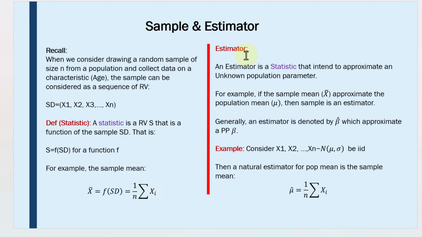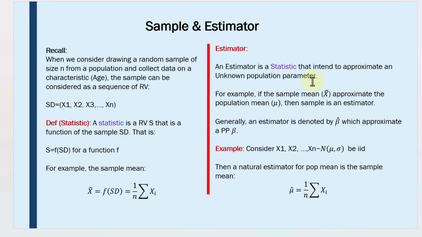In this regard, an estimator is a statistic that intends to approximate an unknown population parameter. Remember that in our context, the population parameters, for example, the population mean or the population standard deviation and so on and so forth, are not given and they are in fact unknown.